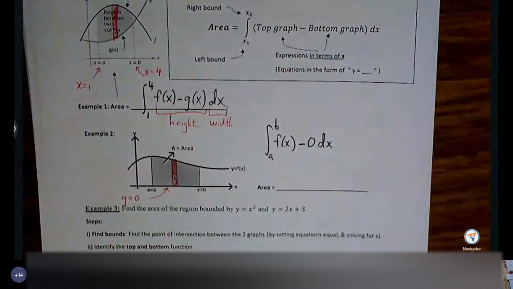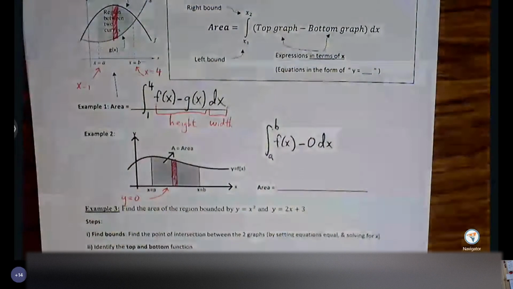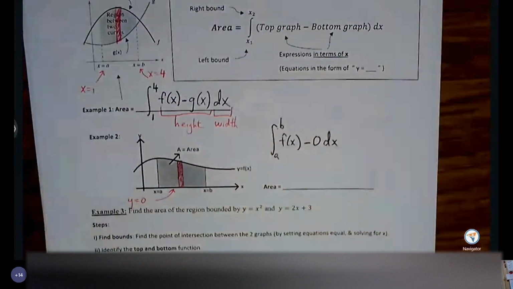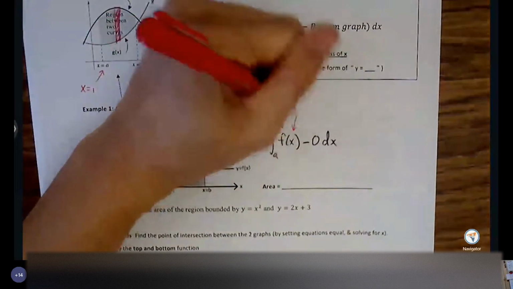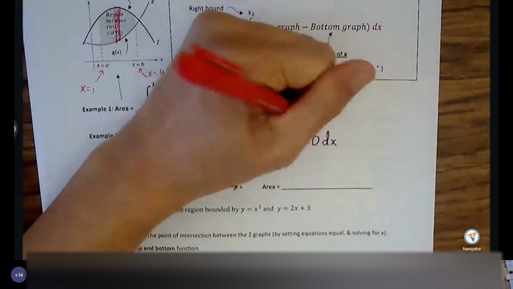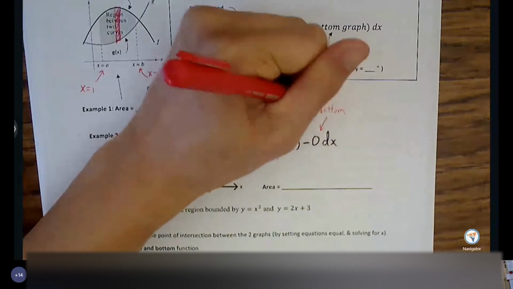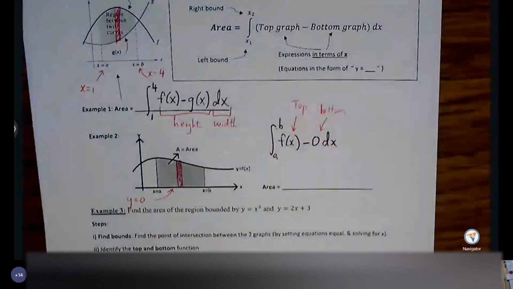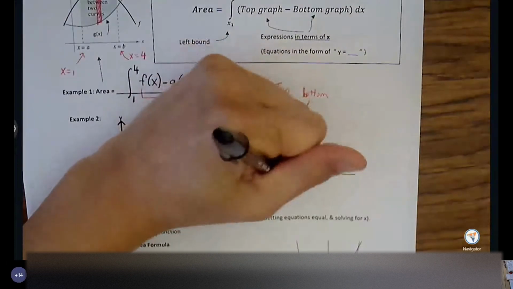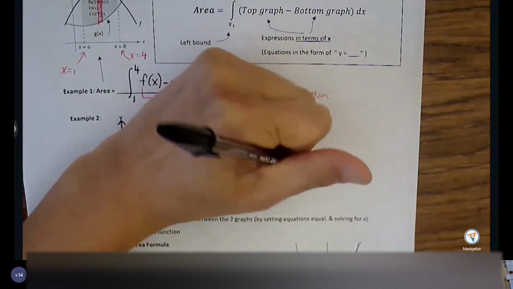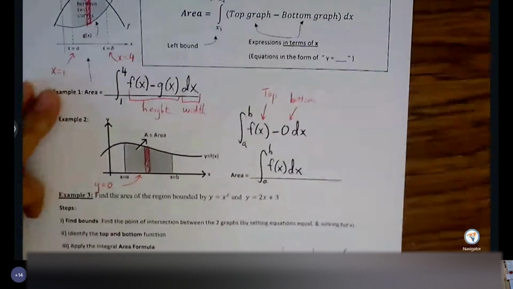So normally when we talk about integrals, we always talk about in relation to the x-axis. So that's why it ends up disappearing because of the 0. So here we have the top function and 0 being the bottom. But we always have that. We always have the 0 just disappearing. So that's why we usually associate with just integral of f of x and nothing else.